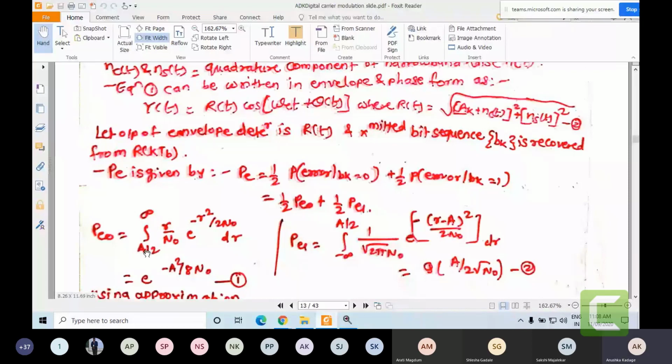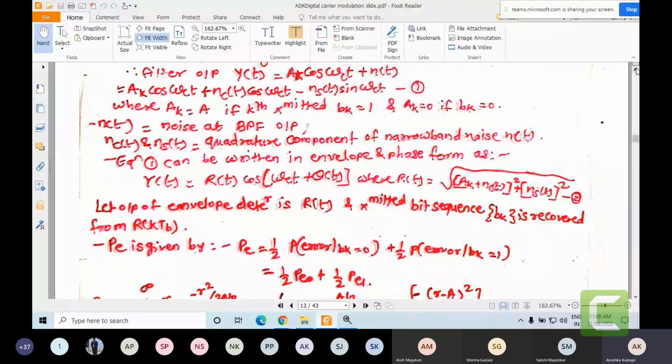Then this r by N0, r is nothing but the value of that noise that we have obtained in the previous case, divided by N0. N0 is the noise power spectral density, e raised to minus r square divided by twice N0. So here we are putting the values of A by 2, which is the magnitude obtained for each bit period, which is common for both the sides.